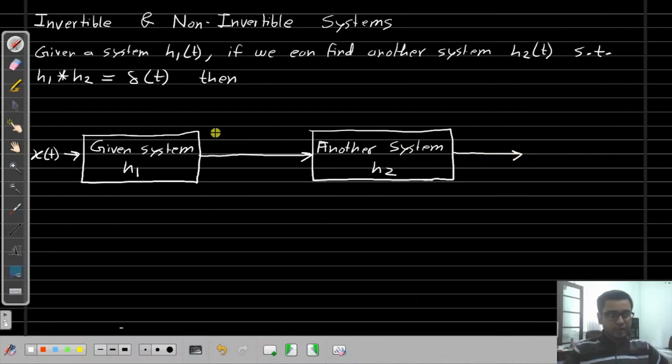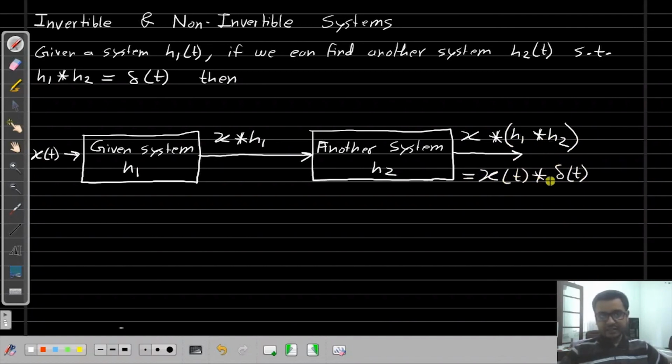So here we will have x star h1, and here we will have x star h1 star h2. Now h1 star h2 is the same as δ, so we will have x(t) star δ(t), and x star δ is the same as x.